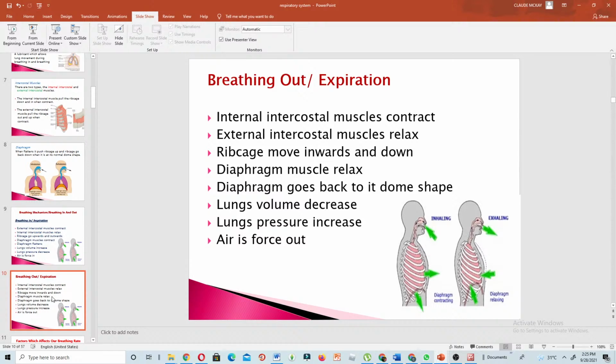Now, why the rib cage needs to move inwards and downward is that when it comes in and down, it puts some force on the lungs to help push the air out. It is just like a balloon. Let's say for example you have a football and you are going to let out the air. When you put the needle in the football, if you want the air to let out faster, you're normally going to apply pressure, meaning you're going to squeeze it.